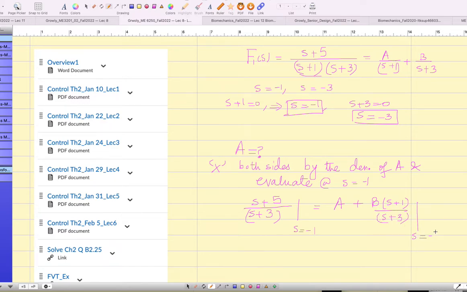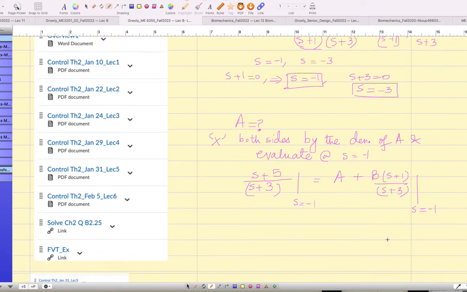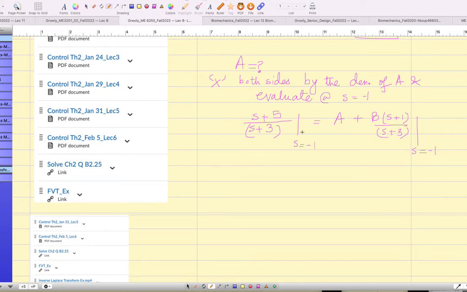Evaluate at s equals -1. I will show you two ways. First, let's see the easier way. Once you evaluate, the B term goes to 0. So the right hand side is A, the left hand side is 5 minus 1, which is 4, over 3 minus 1, which is 2. So A equals 2.